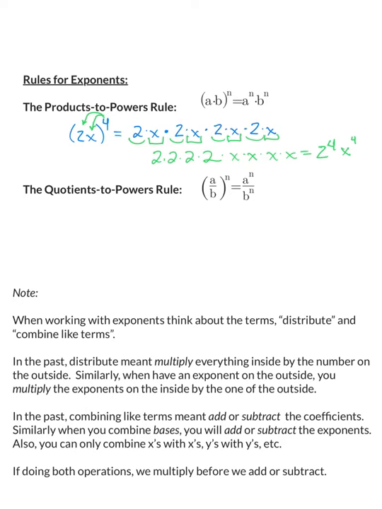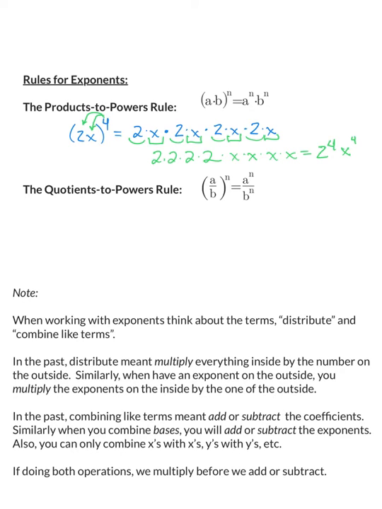In the past, combining like terms meant add or subtract the coefficients. Similarly, when you combine bases, you will add or subtract the exponents. Also, note that you can only combine x's with x's, y's with y's, etc. If doing both operations, we still have to follow order of operations. We will multiply before we add or subtract.